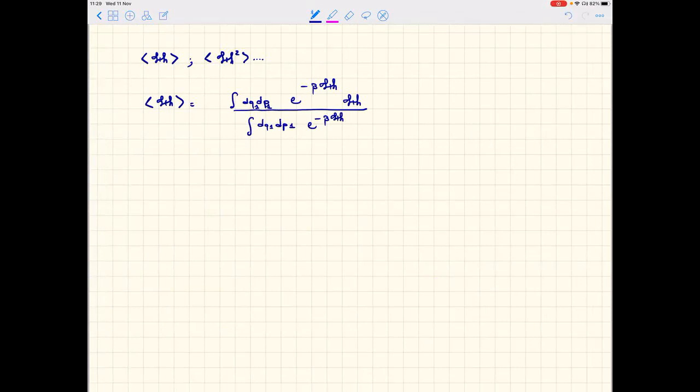And therefore, this is equal to minus 1 over beta, the derivative with respect to beta of the log of the integral dq1 dp1 e to the minus beta h, right?